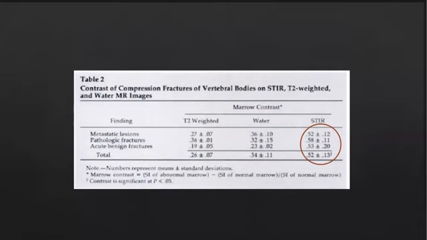This demonstrates that marrow contrast is highest on STIR sequence. So, STIR offers advantages in the assessment of bone marrow disease, such as the possibility to suppress the signal from specific tissues and high lesion contrast.